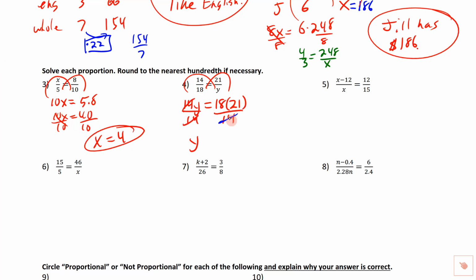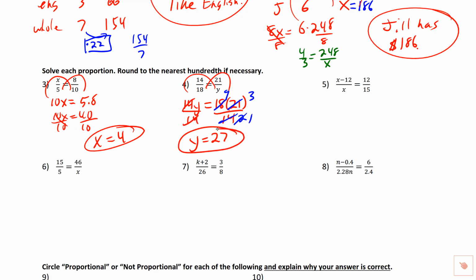Let's do 7 goes in here twice, 7 goes in here 3 times, and then we can cross cancel here also. So 2 goes in here once, 2 goes in here 9 times. So when we multiply the two of these together, we end up with 27. So the answer on this one is 27. So we'll go ahead and circle that.